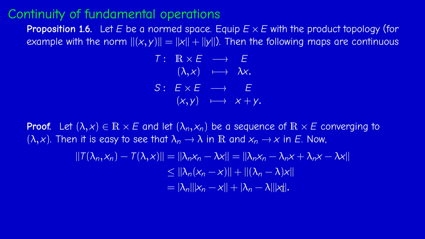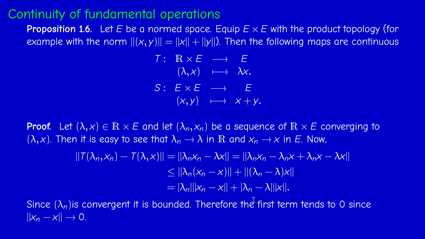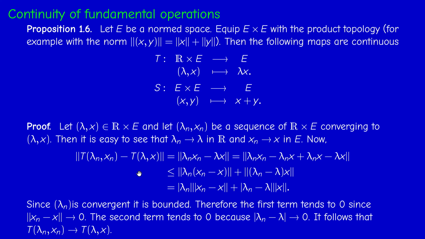This is a constant now, and this term tends to 0. So the first term tends to 0, and the second term tends to 0, and therefore this difference tends to 0. And therefore T takes convergent sequences into convergent sequences. So this proves continuity at the point lambda x. But since lambda x was arbitrary, this means that T is continuous everywhere.